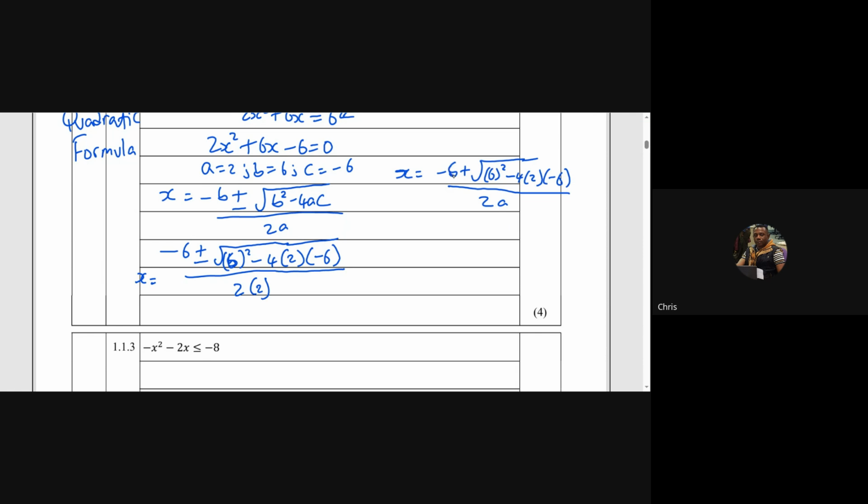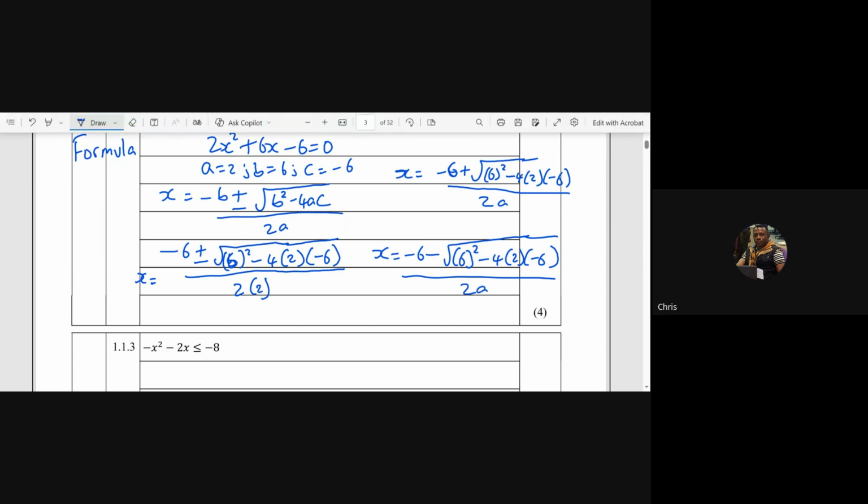Remember, what we have here is negative 6. I can also have it this way. X equals to negative 6 minus. Remember, we have plus or minus. Then we have our 6 here squared minus 4 times negative 6 all over what? Sorry, not 2a, 2 times 2.